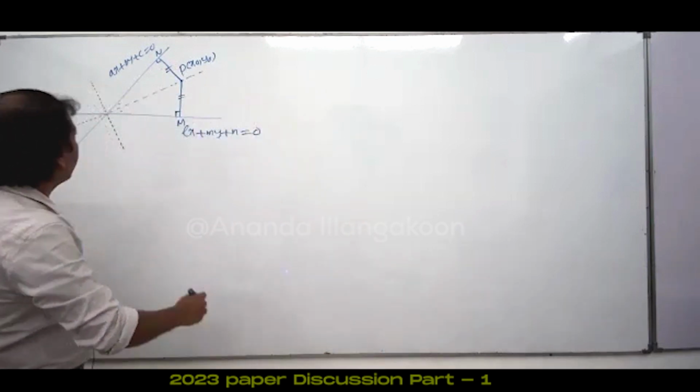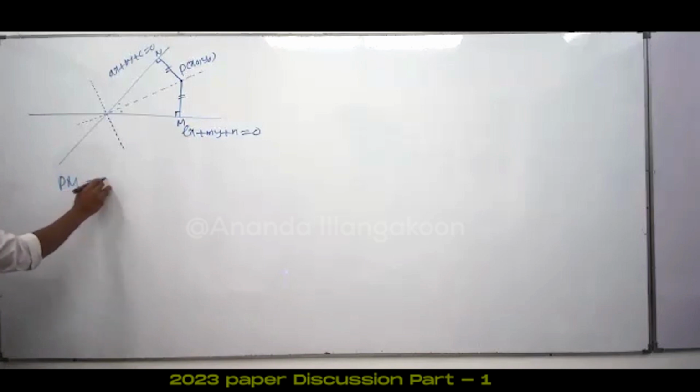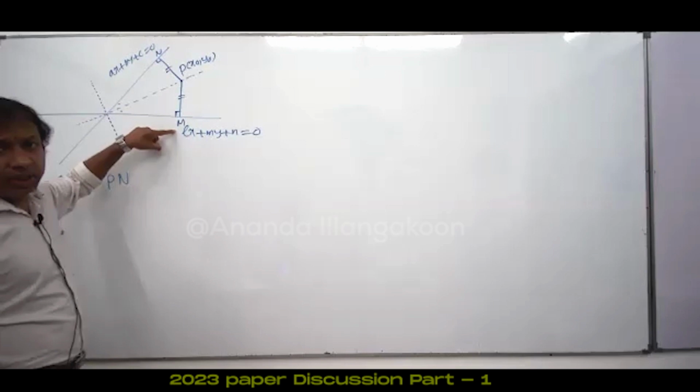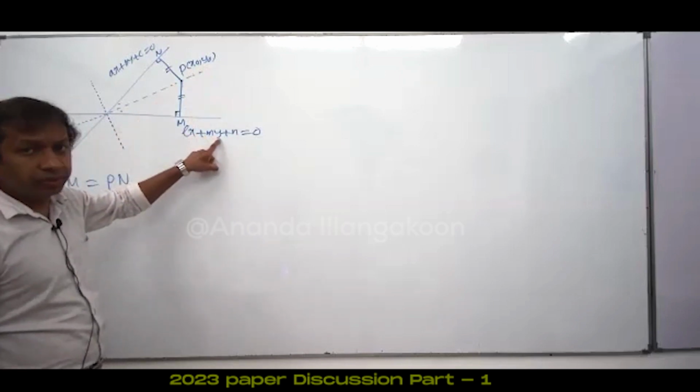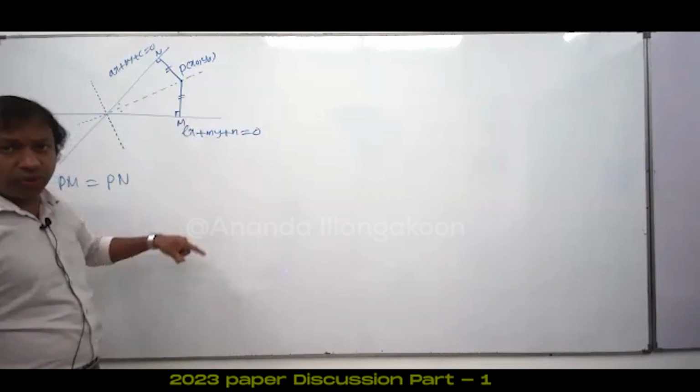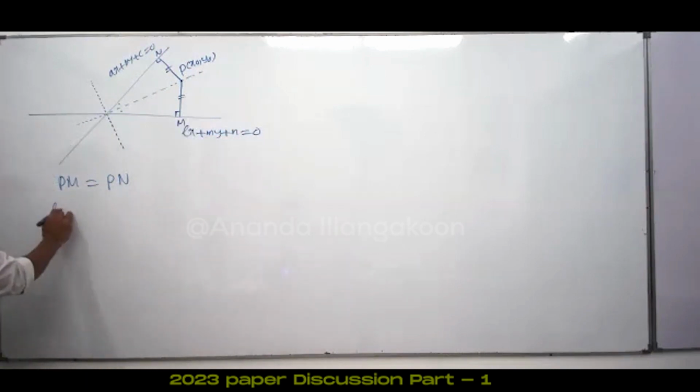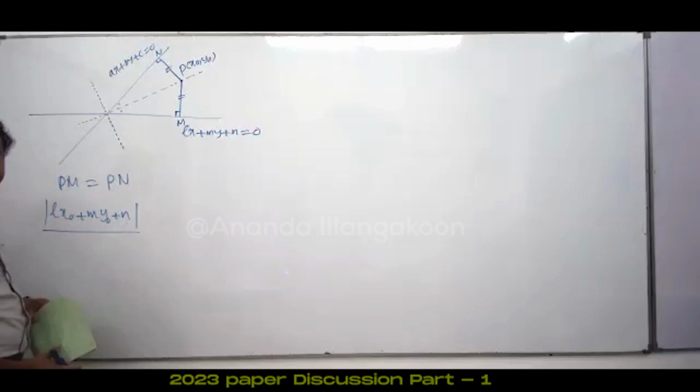Okay? You can now write PM is equal to PN. How to write this PM? By using the straight line theory, x0, y0, we substitute here and here. And then we put modulus. Modulus of lx0 plus my0 plus n, divided by what?